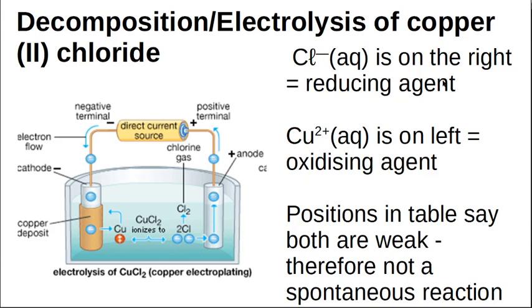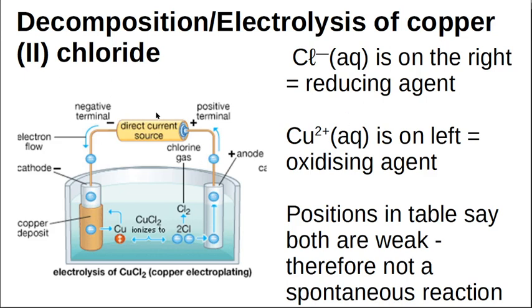So reducing agents are on the right, oxidizing agents on the left. But where they are in the table, if you add their E° values together, using E° cell equals E° cathode minus E° anode, you won't get a positive value. So it's not a spontaneous reaction.